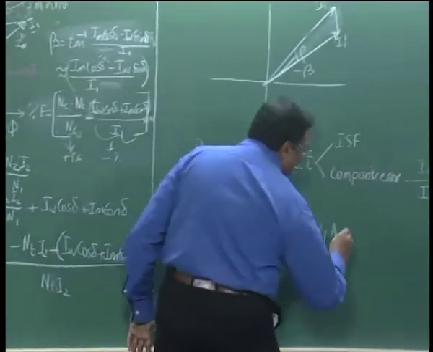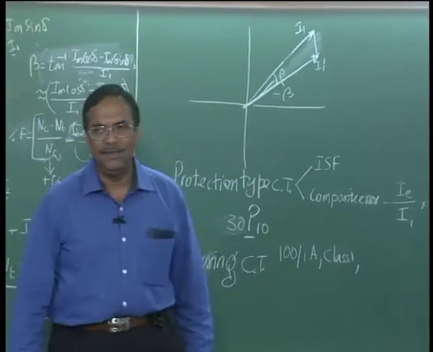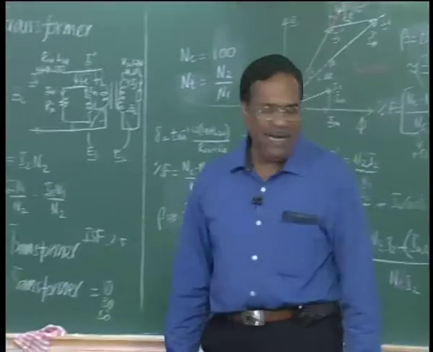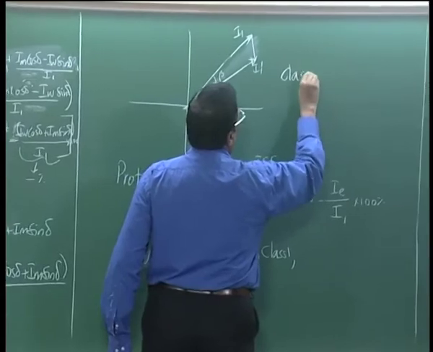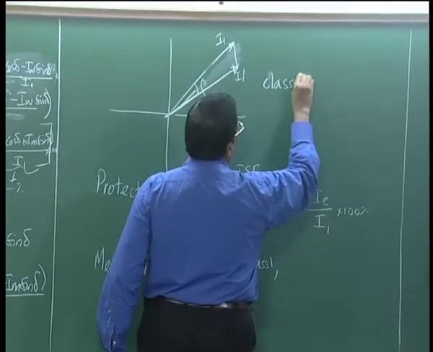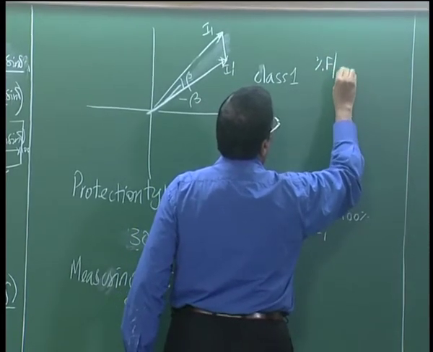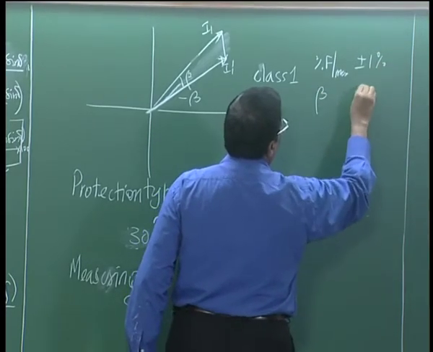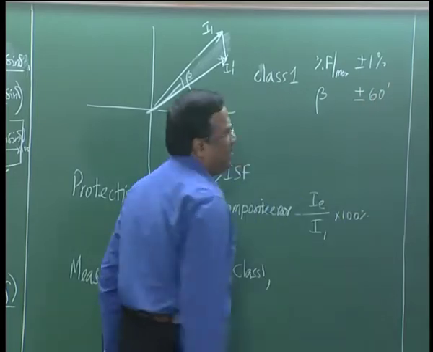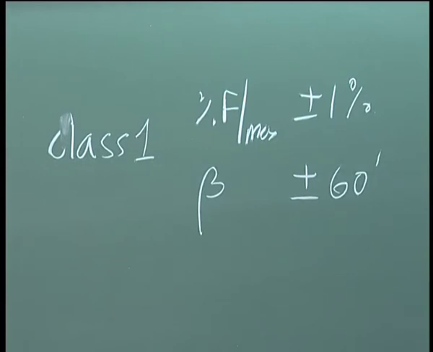So, we have the same class 1, right. The moment I say class 1, as per Bureau of Indian Standards, ratio error max is plus or minus 1% and phase error is plus or minus 60 minutes, right. That is automatically specified both, right.